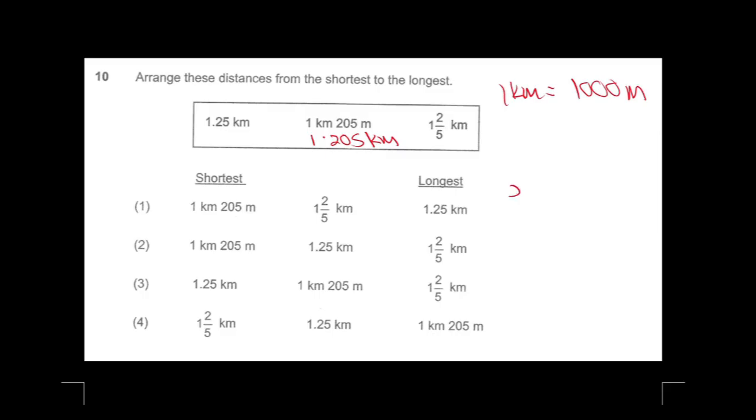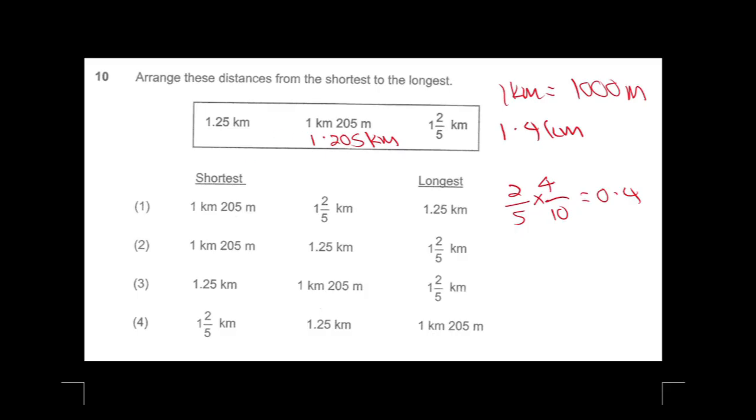If you do not know, this is how you do it. You can say 2/5, you multiply the bottom by 2, you get 10, and multiply the top by 2, you get 4. So 4 over 10 is 0.4, so it's 1.4 kilometers.